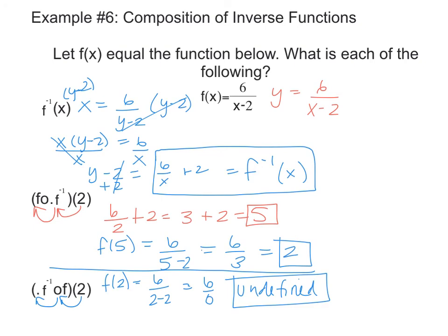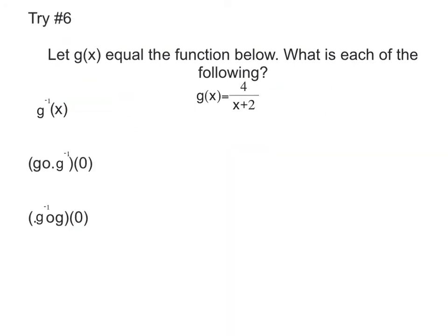All right, let's try the next one. It says, let g of x equal the function below. What is each of the following? All right, so we need to first rewrite this as y equals 4 over x plus 2. That way we can see it a little better. To find the inverse, this then becomes x equals 4 over y plus 2. We're solving for y, so we're going to multiply both sides by y plus 2.